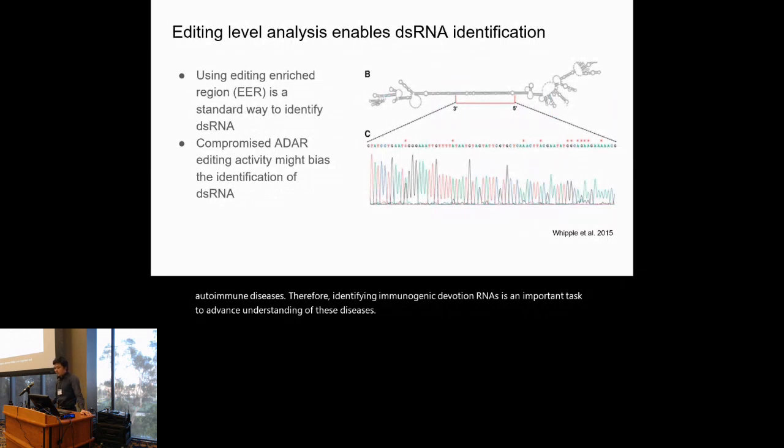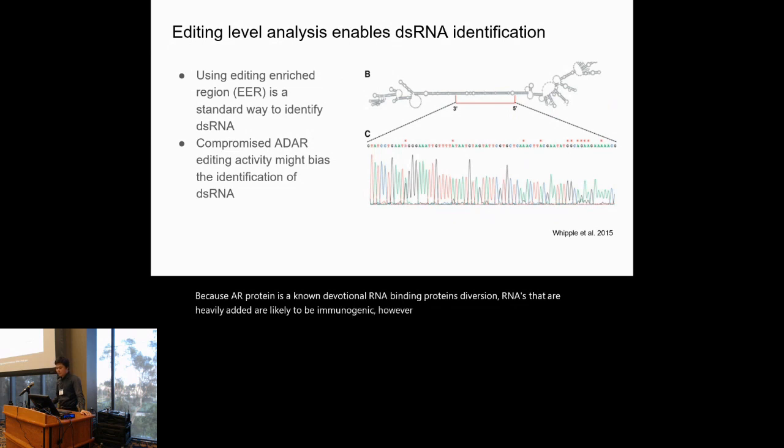A common way to identify double-stranded RNA includes the usage of editing enriched regions identified from RNA-seq data. Because ADAR protein is a known double-stranded RNA binding protein, double-stranded RNAs that are heavily edited are likely to be immunogenic.